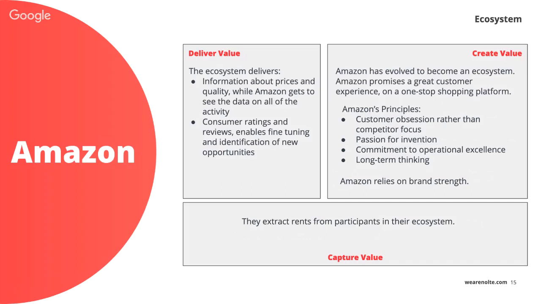So how do they deliver the value? Basically, the ecosystem delivers information about prices and quality, while Amazon gets to see the data on all of the activity. So they provide information to you, but they also capture all of the information on how the users are working with every one of these platforms.